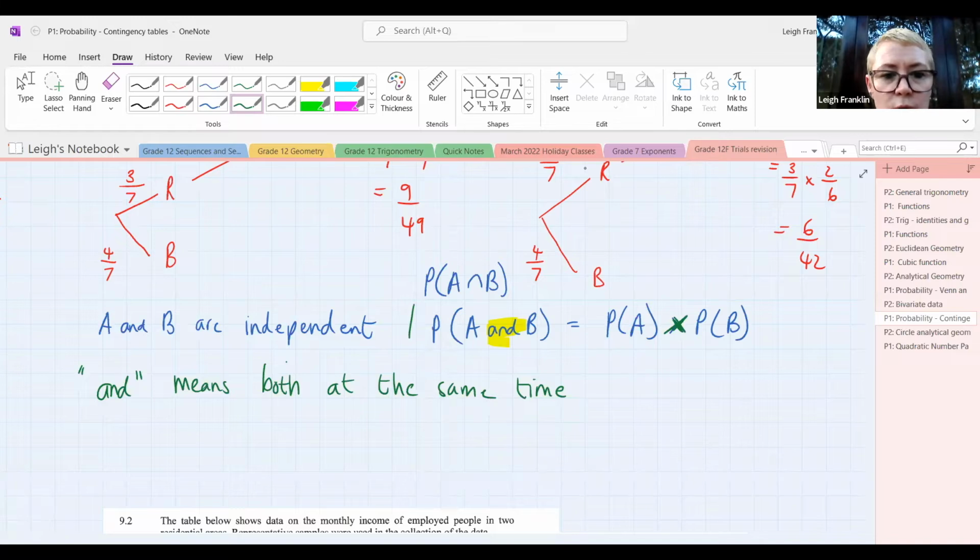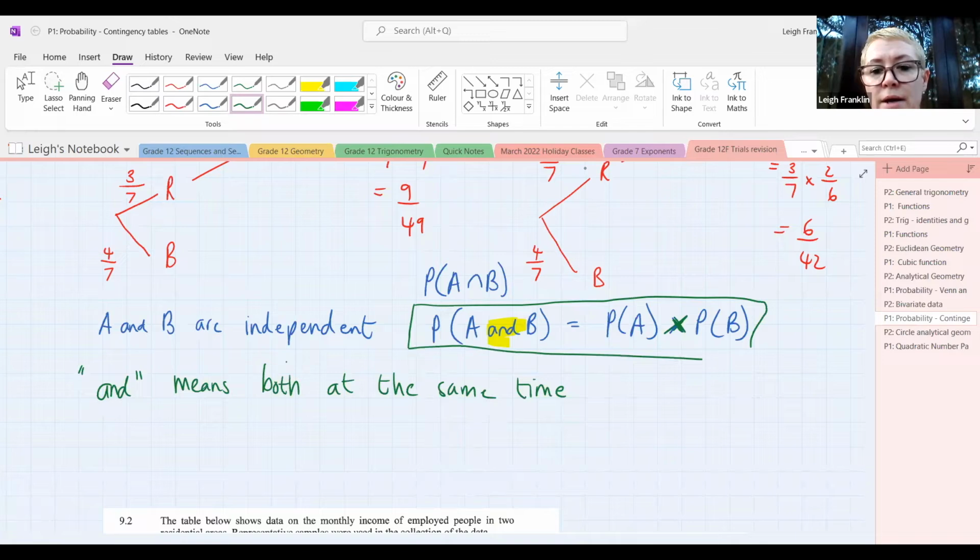Okay, so this is called the product rule for independent events, and we can use this rule to determine whether events are independent or not by looking to see whether the left-hand side equals the right-hand side. So like with anything in maths, we're not allowed to start off assuming something is true in order to prove that it's true. We have to find evidence, I say in inverted commas, to support whatever it is that we are trying to prove or show.